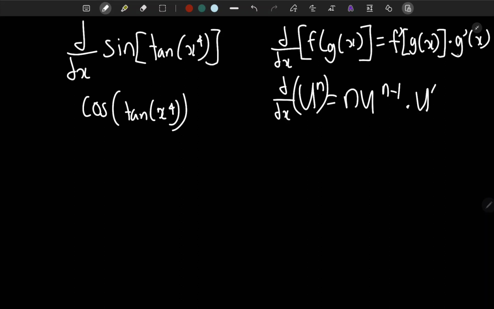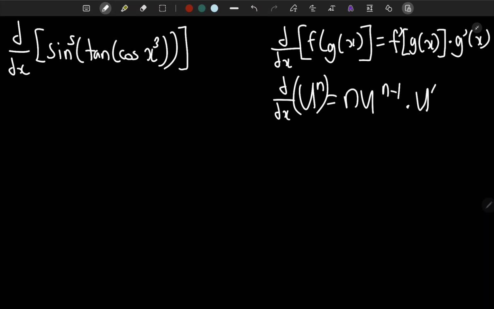Now we need to derive g, so the derivative of tan is secant squared, and x to the power of 4 is going to stay the same, and we need to include the derivative of the inner part, so that's going to be 4x cubed, and the final answer is just this.